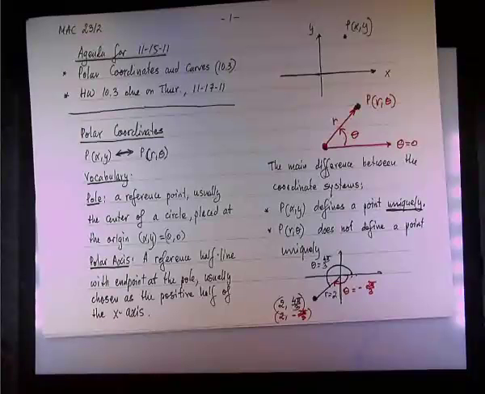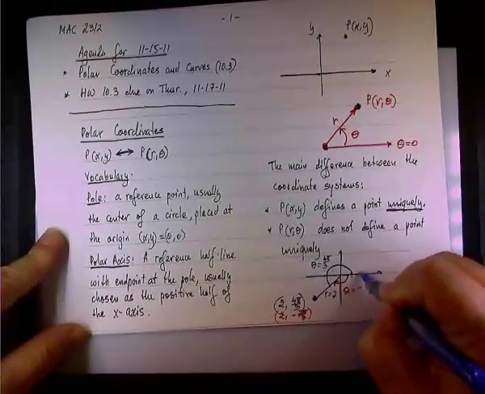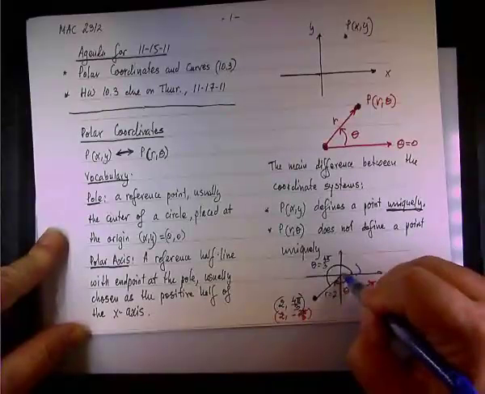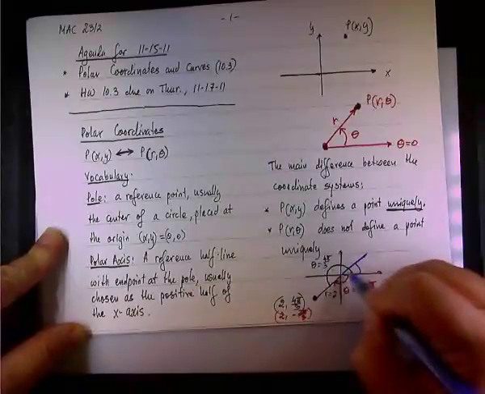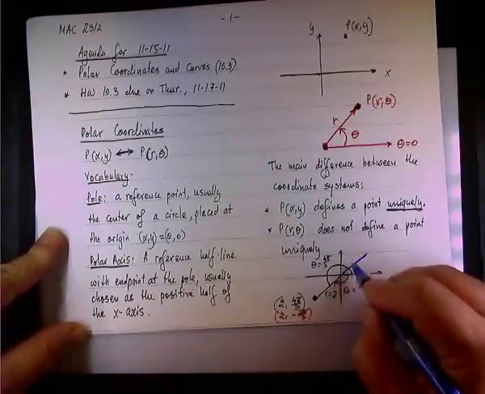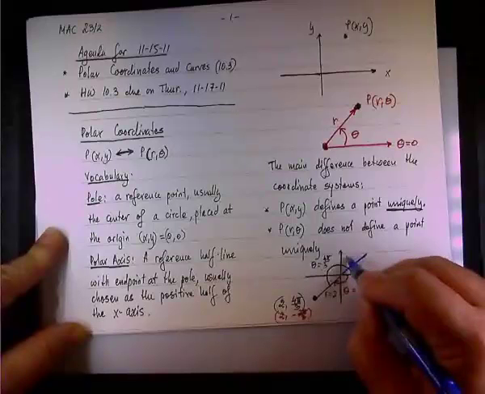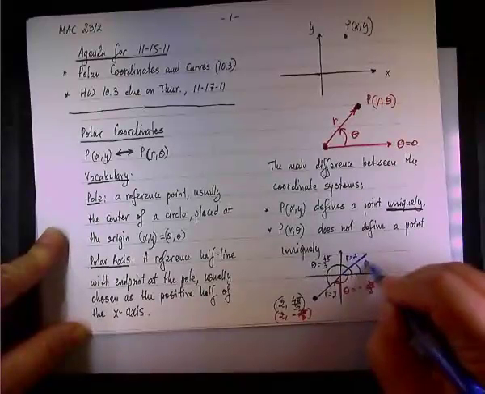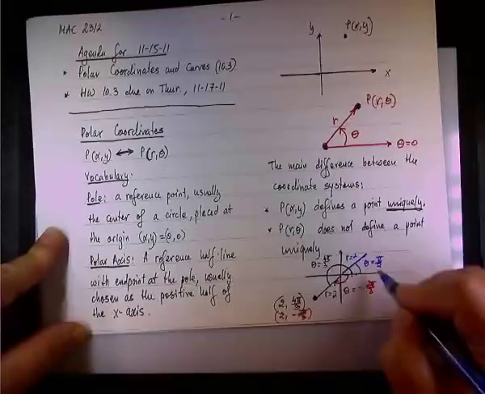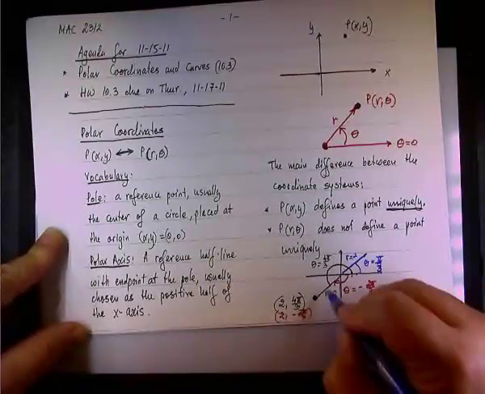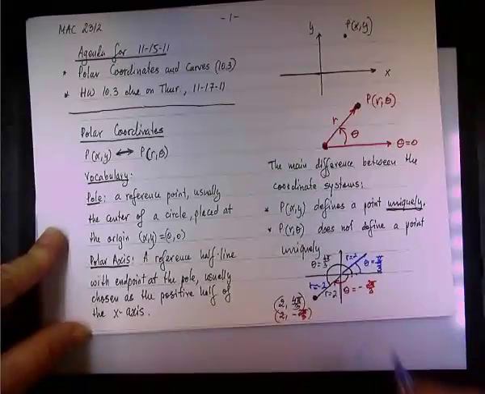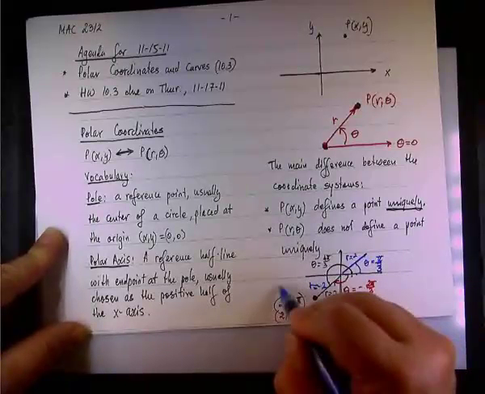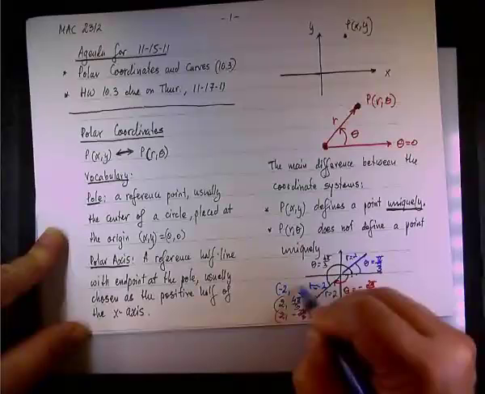Here's another thing. I can also go, let me change it to another color, only pi over 3, but I let r be negative. So this is still r equals 2, and this is theta equals pi over 3. But in blue, I can say this will be r equals negative 2.